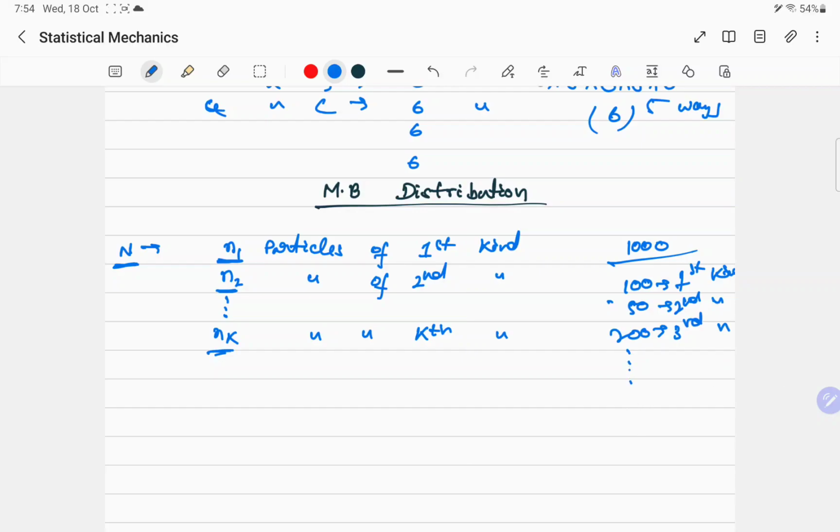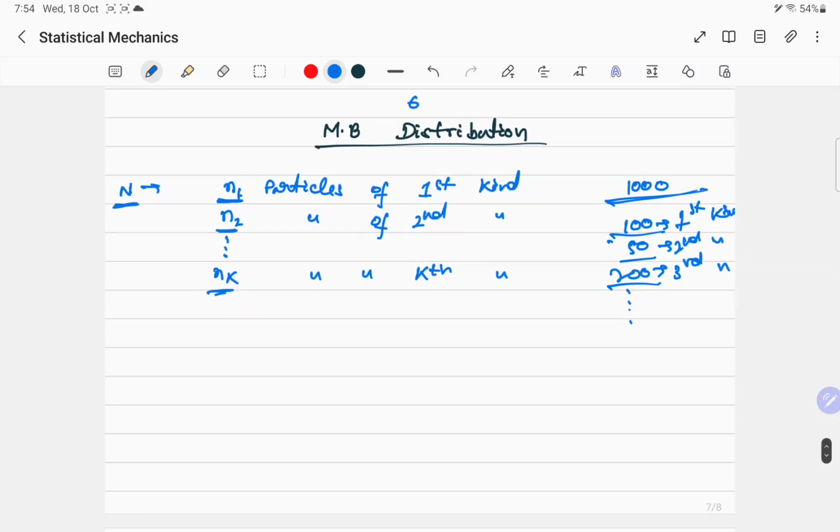That is how I am dividing the particles. Total is 1000. Among 1000, 100 are of first kind, 50 of second kind, 200 of third kind, and so on. Similarly, among n particles, I have n1 particles of first kind, n2 of second kind, and nk particles of the kth kind.